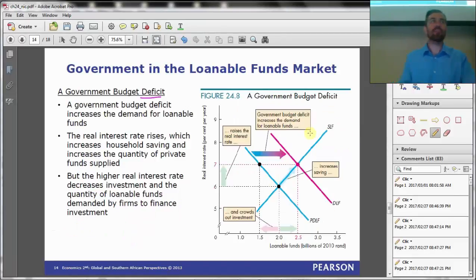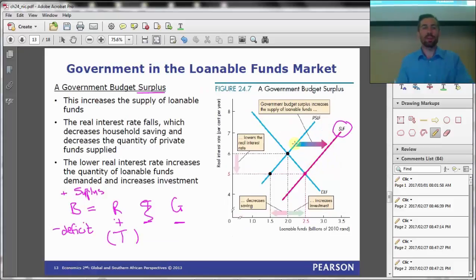On the other hand, if it's got a deficit, in other words, its spending is greater than its taxes, then it needs to somehow get hold of money, right, in order to spend more than it's actually getting in taxes. The way that it gets that money is by going into the loanable funds market and demanding loanable funds. Okay? So the idea that a deficit shifts the demand curve makes sense. The idea that the surplus shifts the supply curve makes sense.